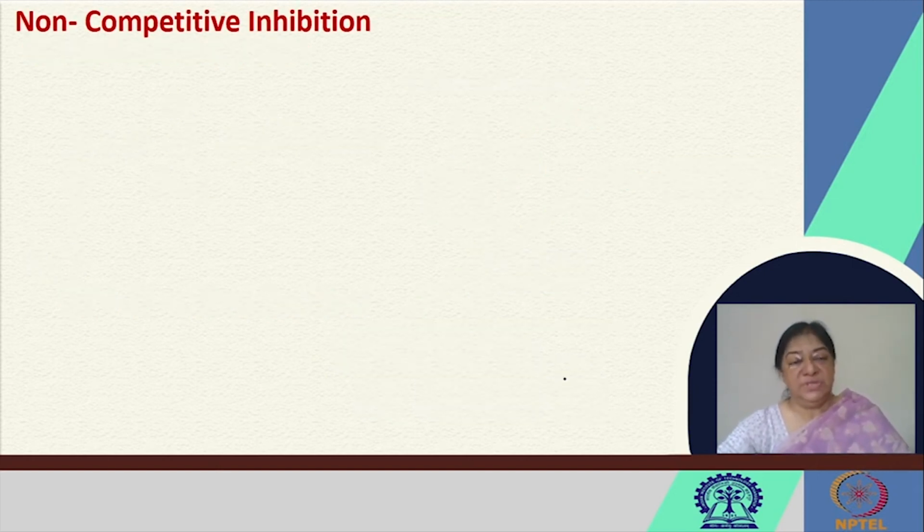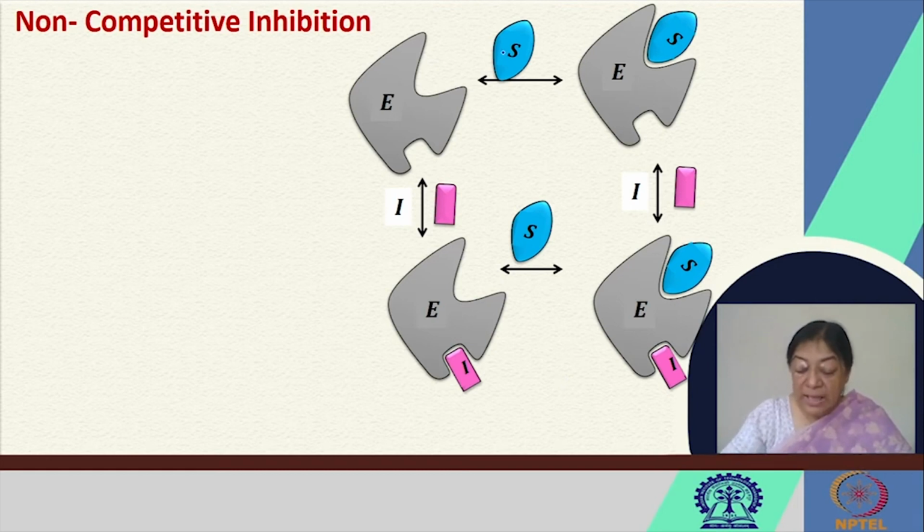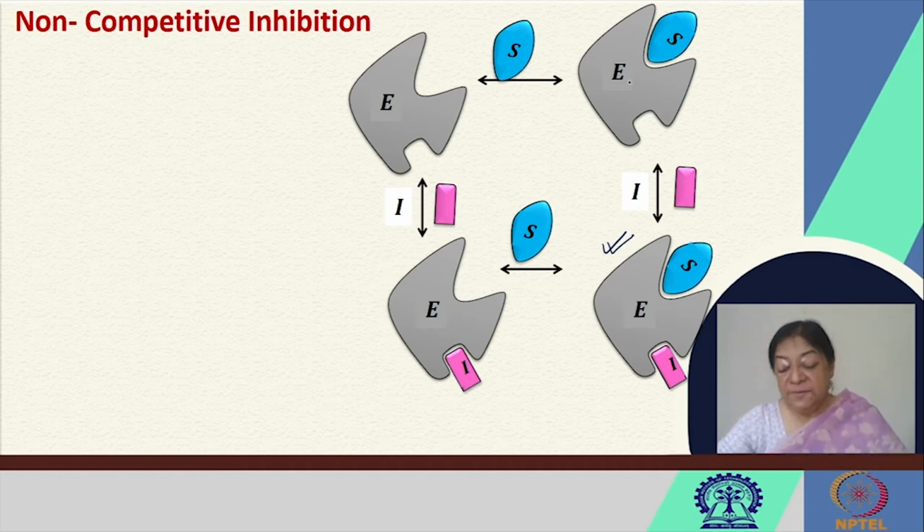In non-competitive inhibition, the enzyme-substrate complex is formed and the enzyme-inhibitor complex may also be formed. Interestingly, in this case, we have the formation of a ternary complex, indicating that if the substrate is bound, then if we bind the inhibitor, we will have a complex that has both the substrate and the inhibitor bound.